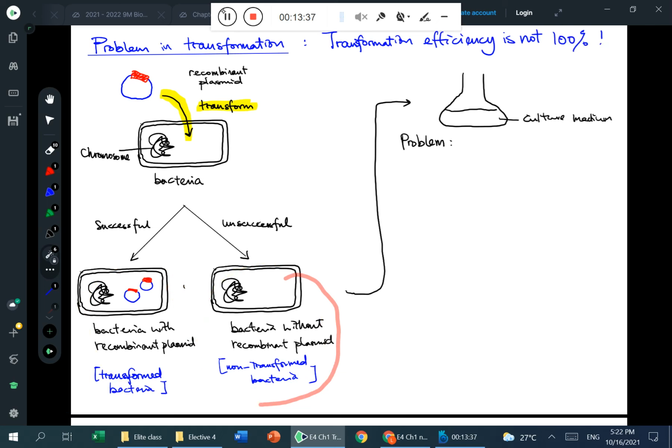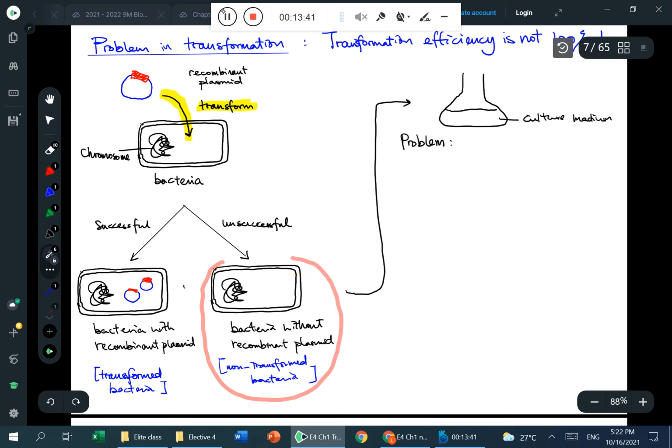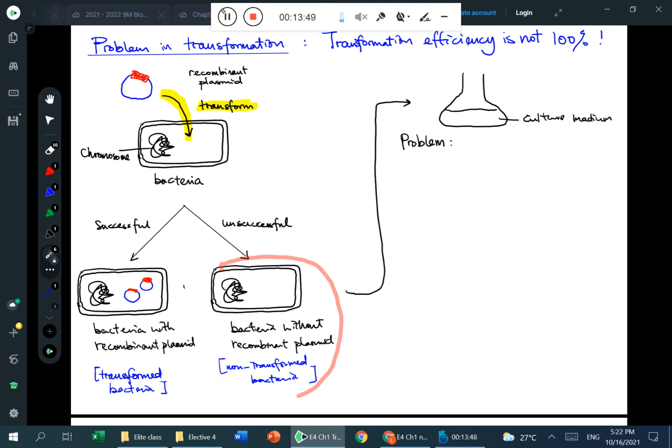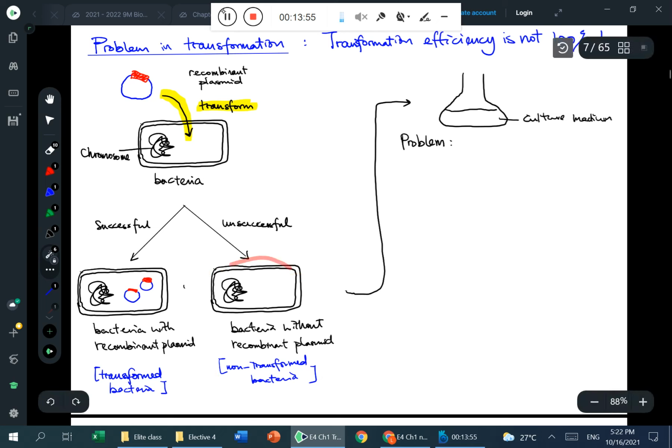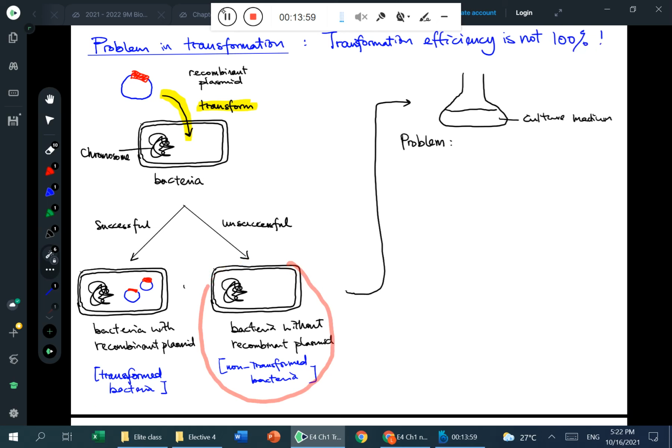So they can reproduce much faster, and the offspring that they produce obviously would not contain the recombinant plasmids as well. So the proportion of non-transformed bacteria would be increasing and increasing and increasing. And imagine repeating this for 1 or 2 days.